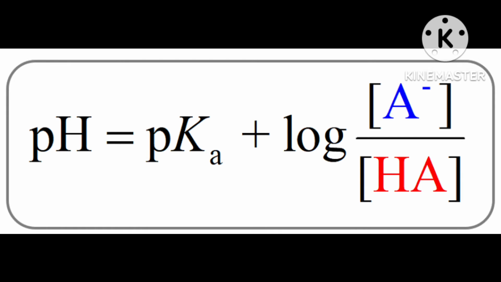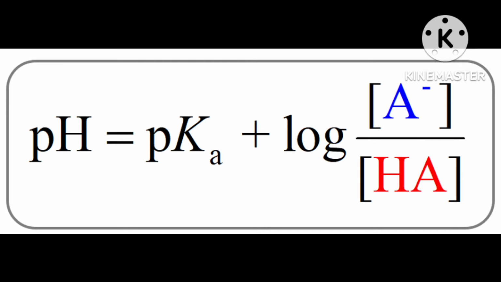Also, most of the conjugate base anion is coming from the salt formed. You have taken a weak acid and a strong base, and it formed a salt. In that, the anion will be there.